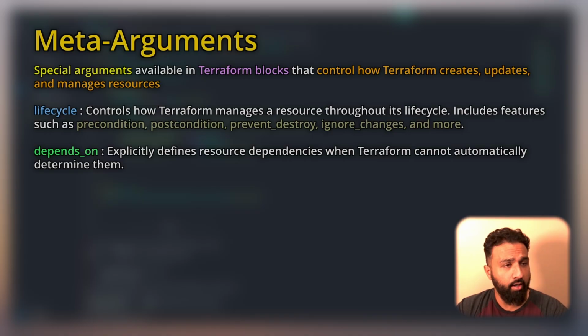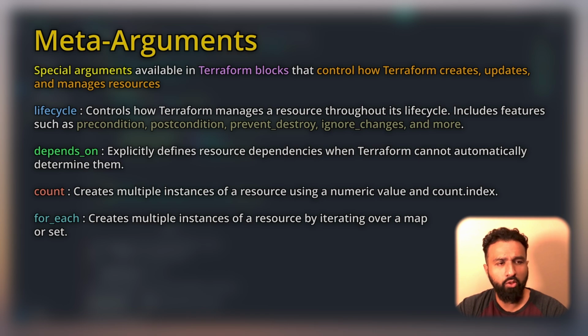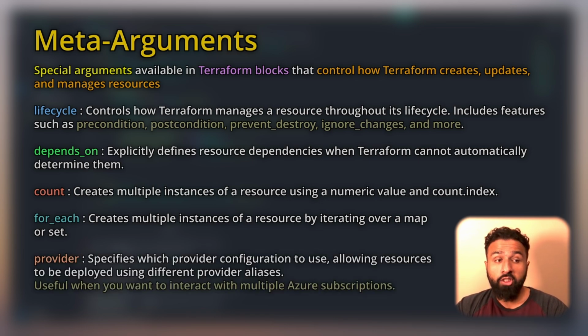And other common meta arguments include count, which creates multiple instances of the same resource using a number, for_each, which creates the resources by looping through a collection such as a map or a set, and provider, which lets us choose which provider configuration or alias a resource should use. We'll explore many of these throughout the rest of the episode.